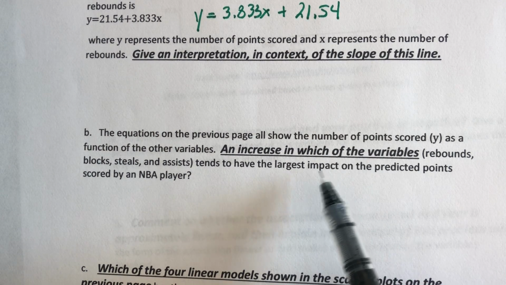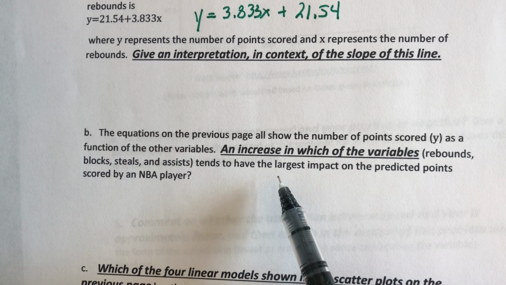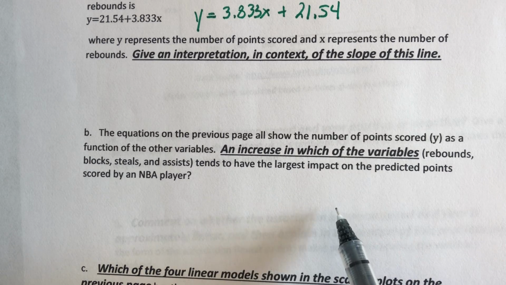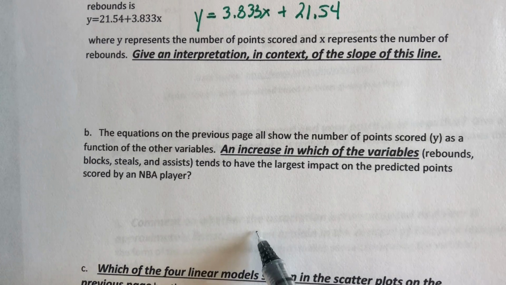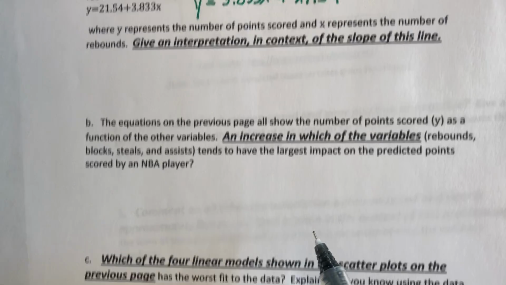So the biggest increase would tell you which had the largest impact on points, because they're all impacting points scored. It's rebounds related to points scored, assists related to points scored, steals related to points scored, and blocks related to points scored. So find the slope, and that should help you answer that question.